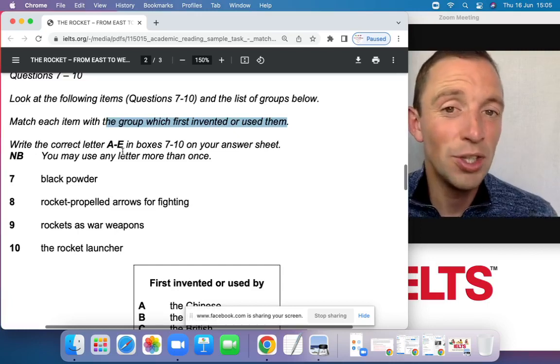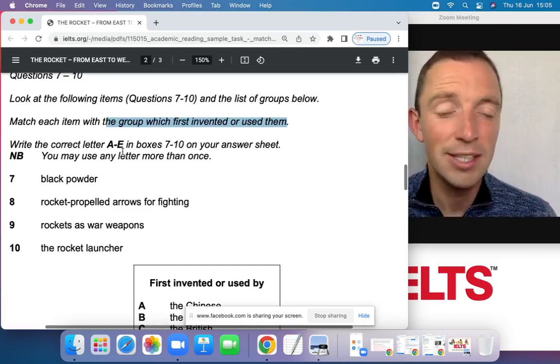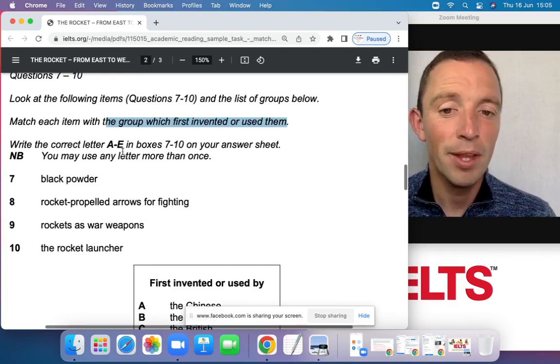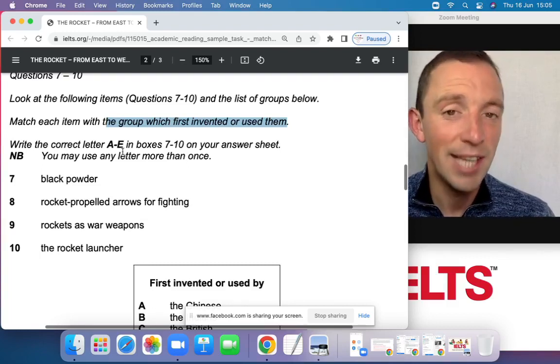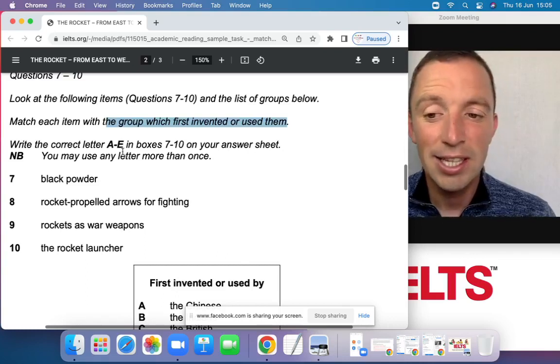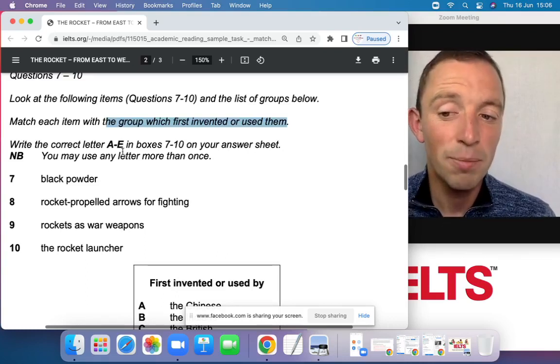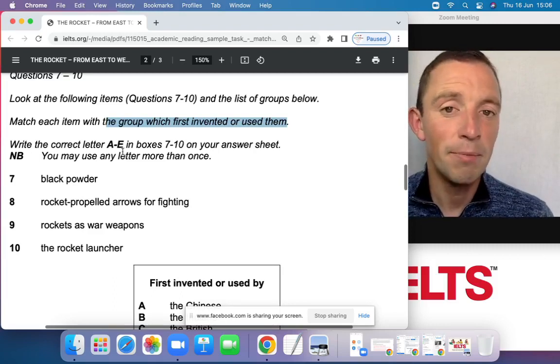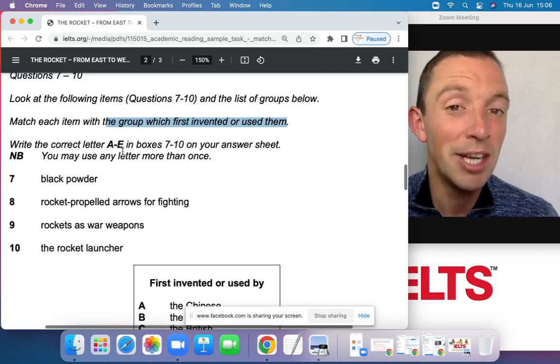So you can do that if you wish. You can try to find the reference for black powder in the text and therefore try to immediately find who is the group that used or invented them first. And that's a good tactic, that's a good technique. The next would be the same with the rocket propelled arrows for fighting. You can look for the reference in the text and try to find the answer immediately.